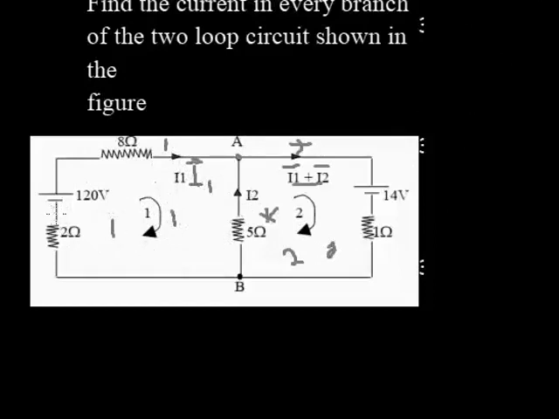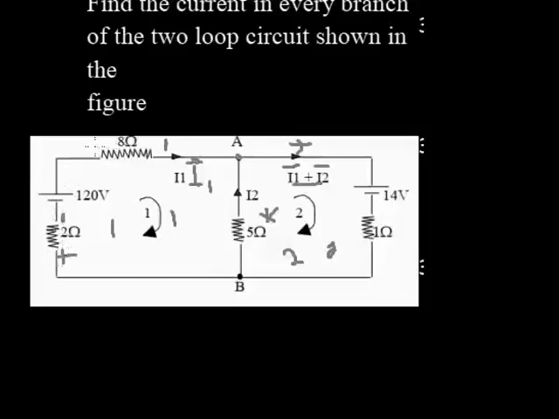All the resistors connected to the negative part of the source: this 2 ohm resistor has this side connected to negative, so this side has its negative sign, while the other side is positive.